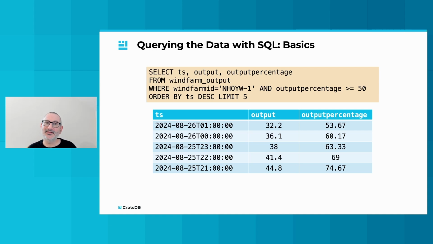So we're basically looking here at the last 5 times that the North Hoyle wind farm output more than 50%. And you can see there the times, the output, and the output percentage. Nothing particularly special here. The aim here is to demonstrate that you can use standard SQL queries with CrateDB.